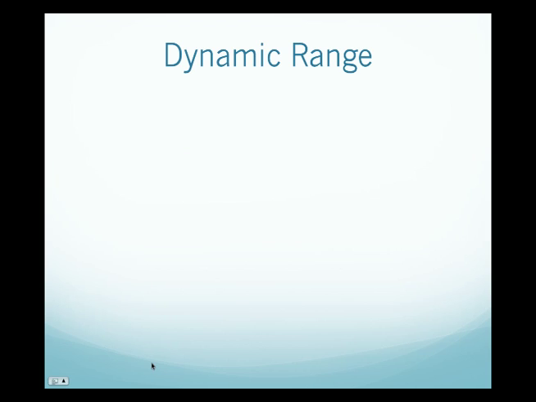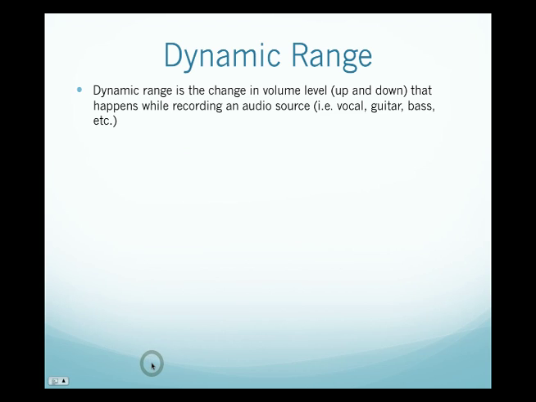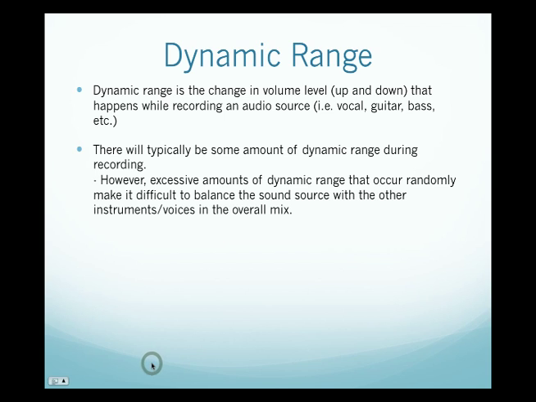That bouncing up and down of the waveform is known as dynamic range, which is the change in volume up and down that happens while recording an audio source. If we're recording vocals, guitar or bass, in a lot of cases there's going to be a change where it might be louder sometimes and softer sometimes.